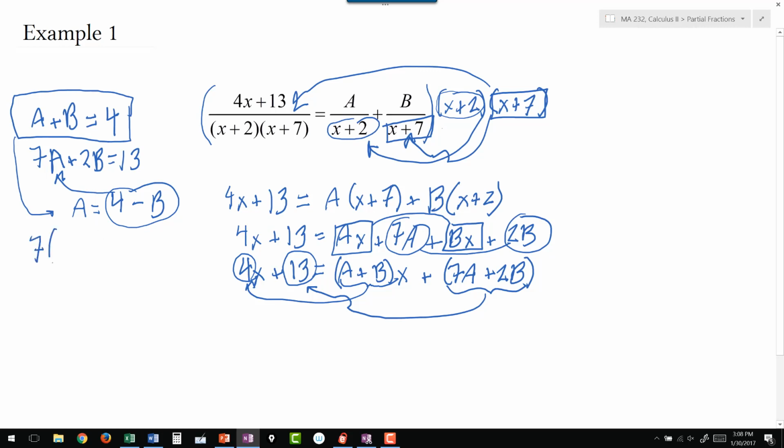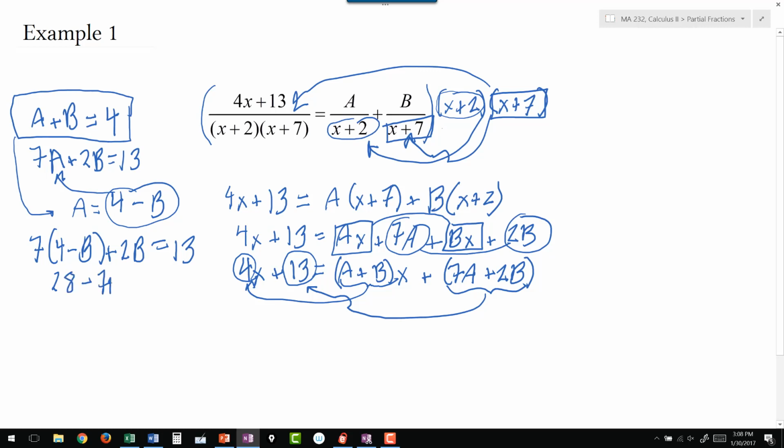That's going to give me 7 times 4 minus b plus the 2b equals 13. Now I've got one equation and one unknown. That is something we know how to solve.